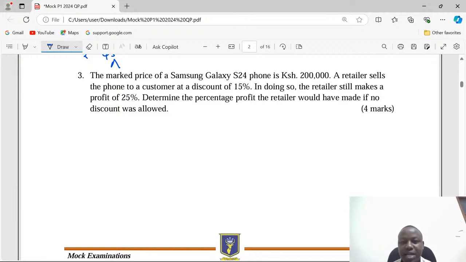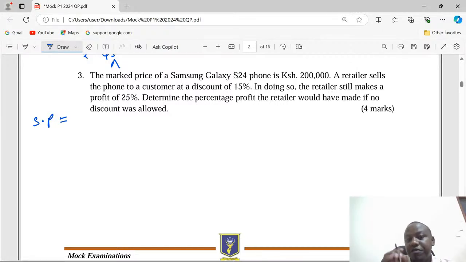In the first place, we're supposed to know that the retailer doesn't sell it at the marked price. The retailer sells it at a discount of 15%, and discount is a percentage of the marked price.